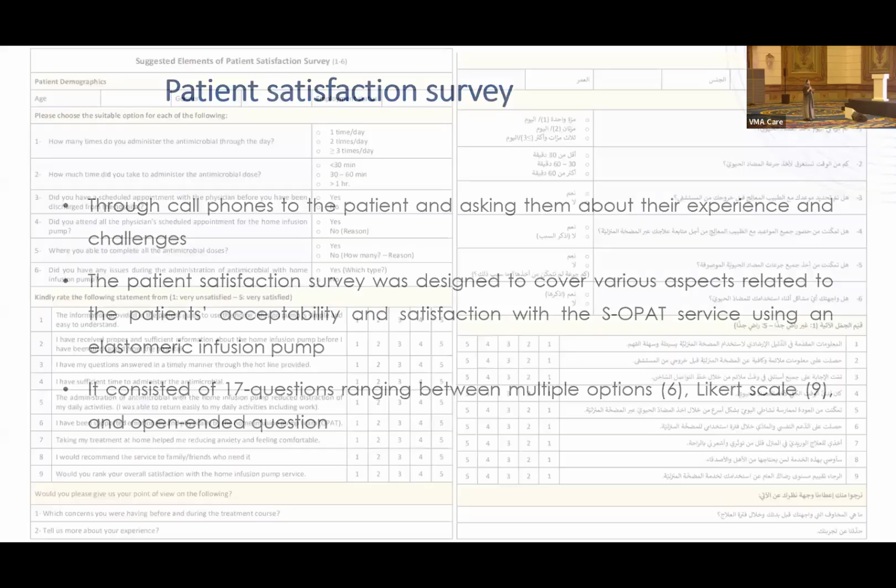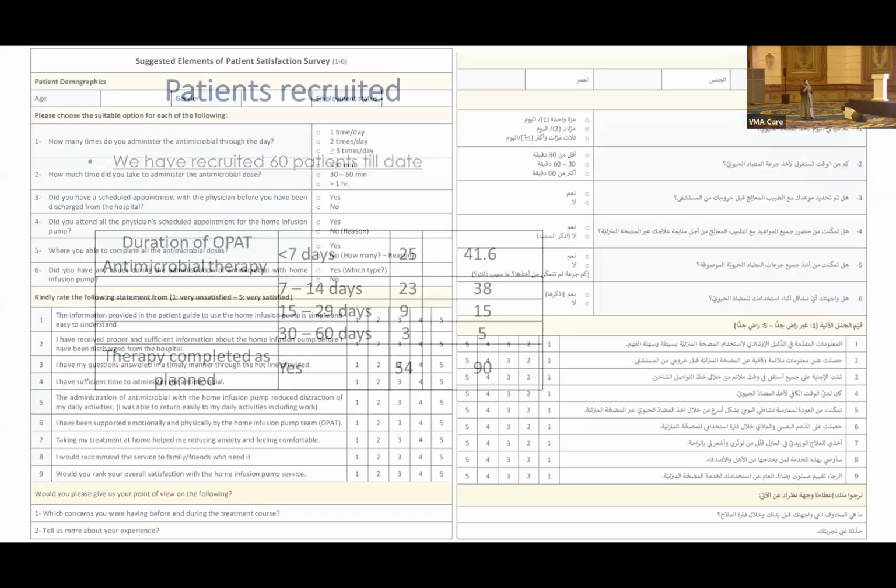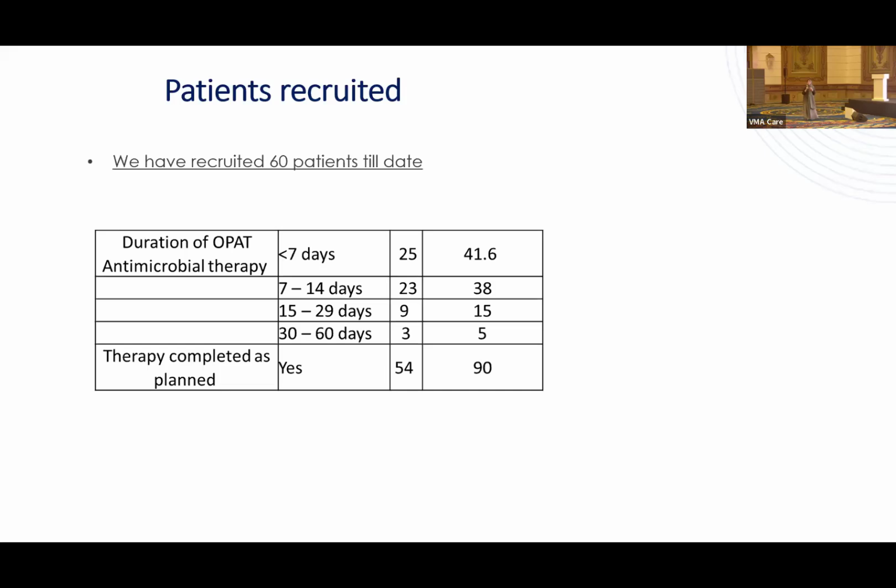So we give them a call by the end of the treatment, and we ask them. We send it as a code. If they do not answer it, then we give them a call and ask them about it. So we have recruited 60 patients to date.